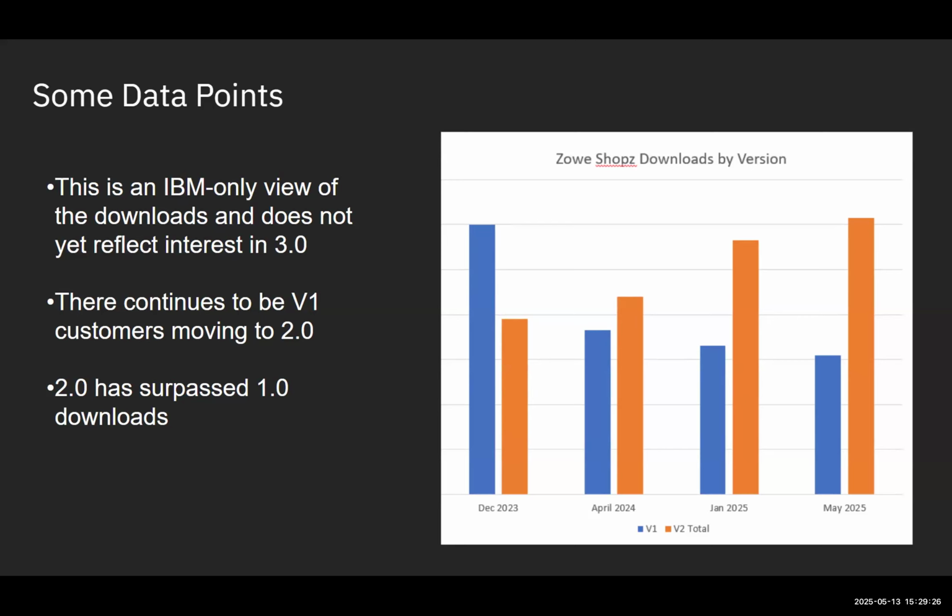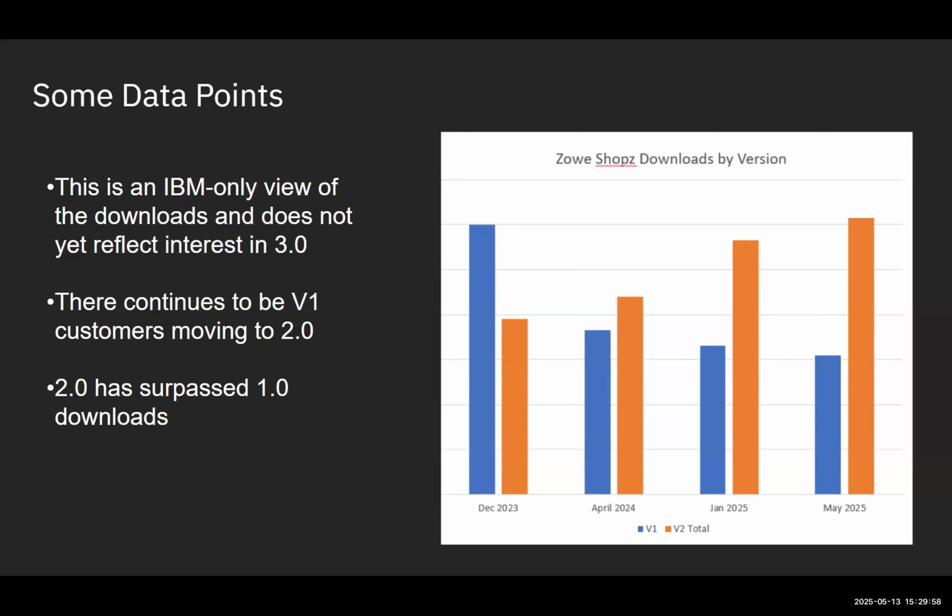The other comment on Zowe 1.0: yes, it's out of support. Yes, we're taking the V1 documentation down, but I have been surprised that, at least from an IBM point of view, just within the last few months, we still get contacted by customers, some of them fairly large customers, that are migrating from 1.0 to either 2.0 or 3.0.